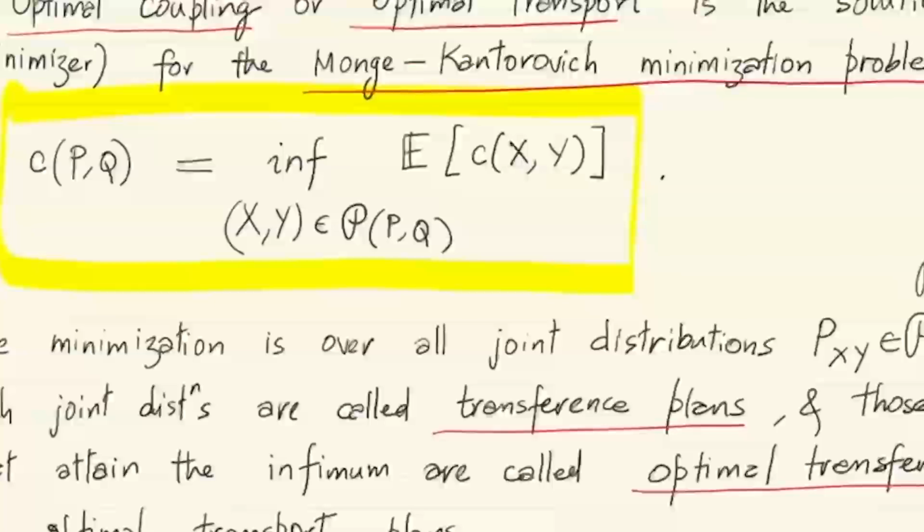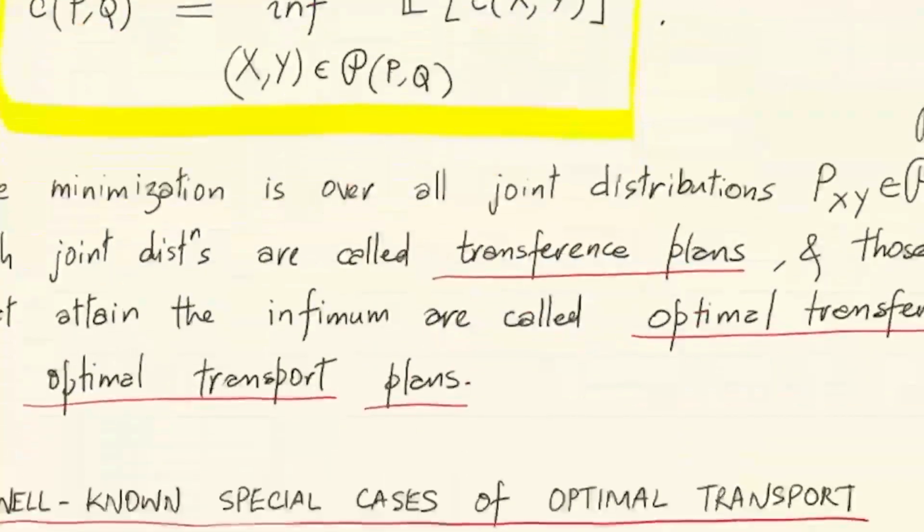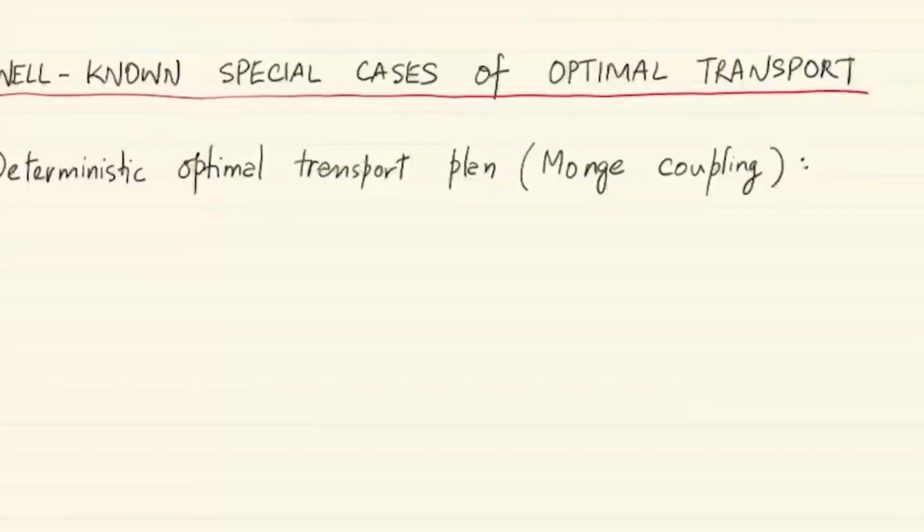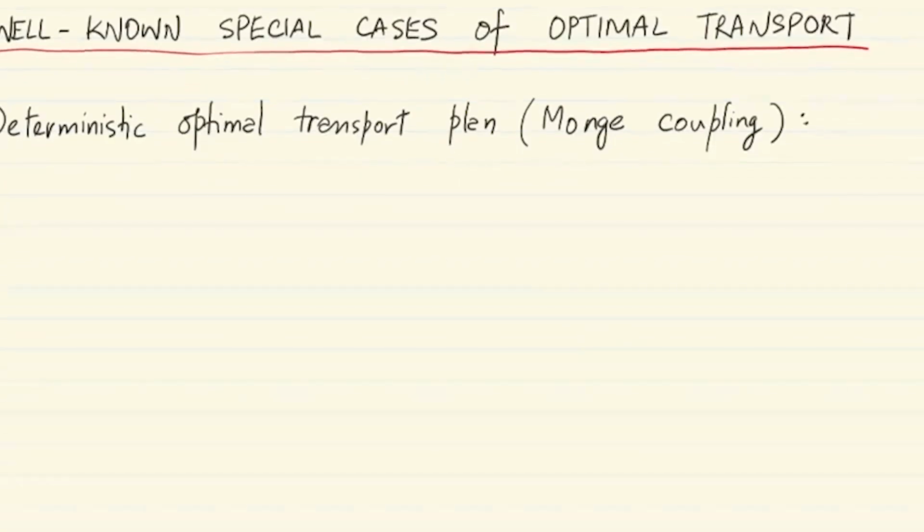So this is a fairly general and abstract problem that has been studied for a lot of time in analysis and probability. But let's look at some well-known special cases of the optimal transportation problem in terms of the cost structures C. Okay, so the first example that I'd like to present here is what is called the existence of a deterministic optimal transport plan or a Monge coupling.